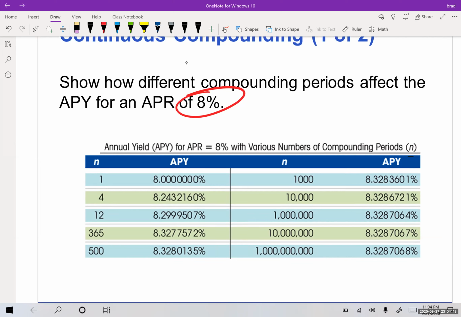If you do it daily, you're at 8.327. If you do it a billion times in a year, you're at 8.328. You're only off by a thousandth of a percentage point. That's the only increase you got, about a thousandth of 1%. That's really not that much.